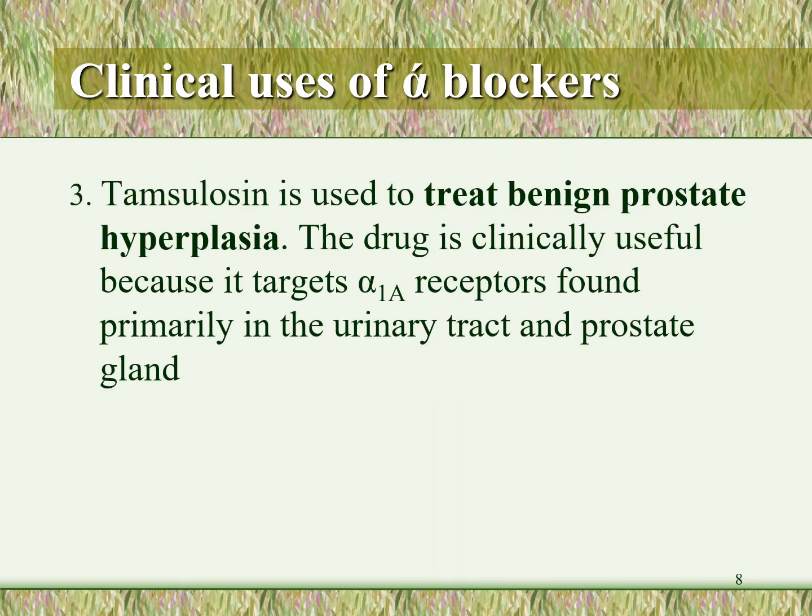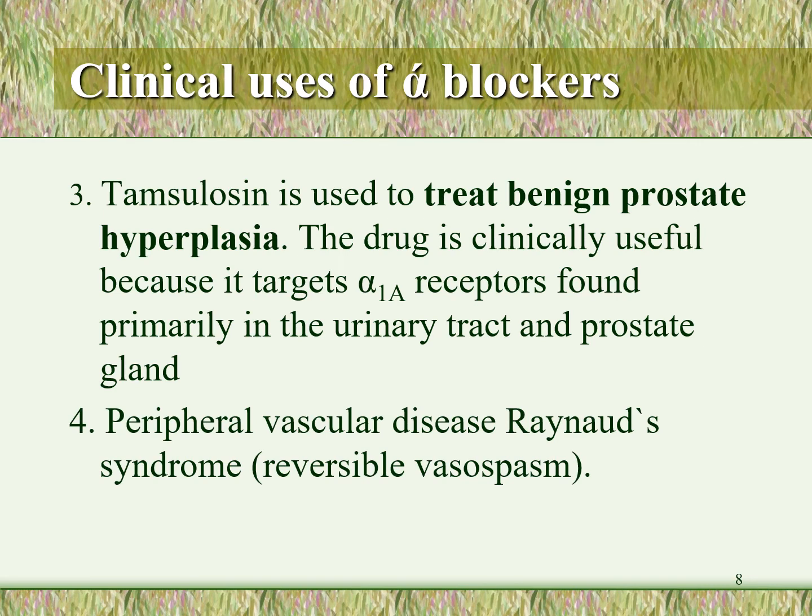Also, alpha blockers can be used for treatment of benign prostatic hyperplasia, especially tamsulosin, because it's very selective, since alpha 1A is a receptor found in the prostate gland. So this drug is used clinically because its target is the alpha 1A receptors that are found primarily in the urinary tract and prostate gland.